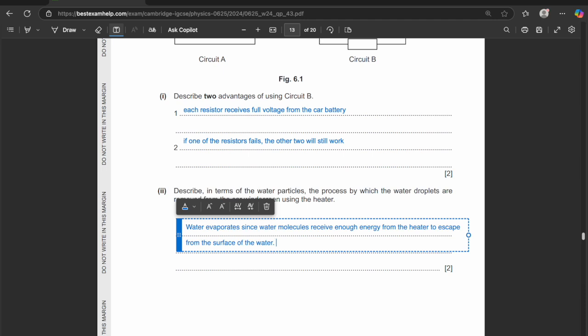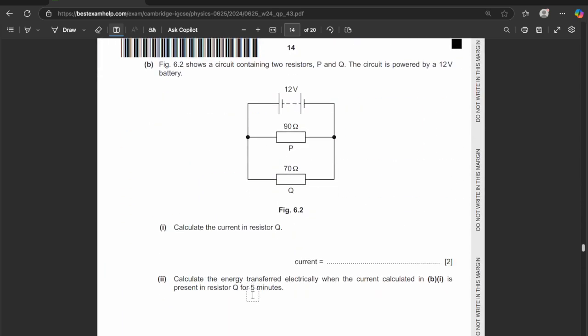You can say that not all of the water molecules, so this happens to the most energetic water molecules.